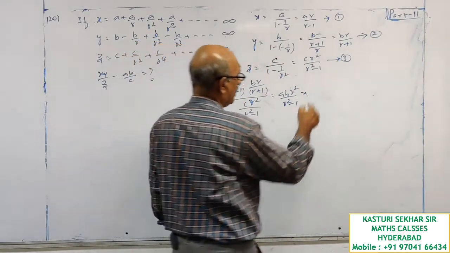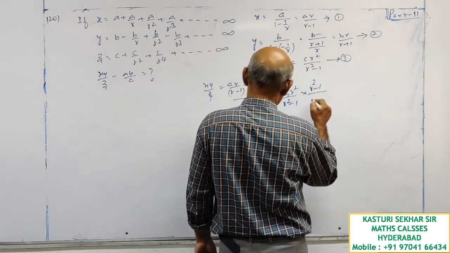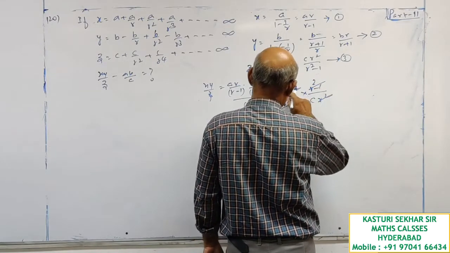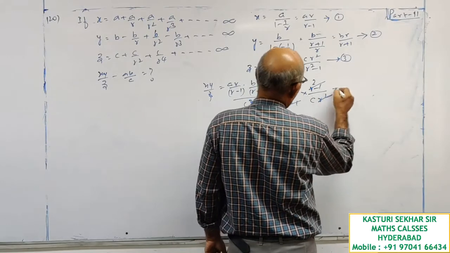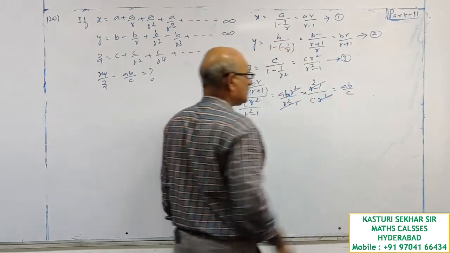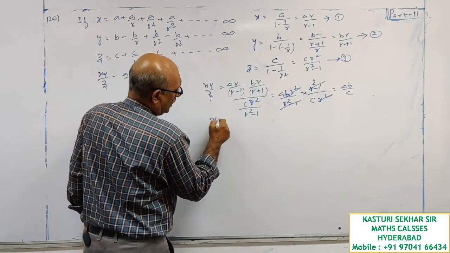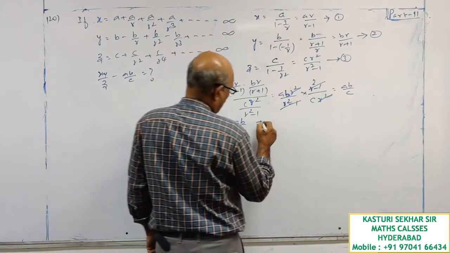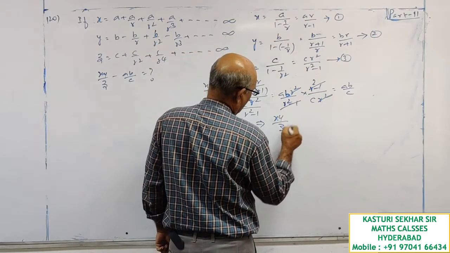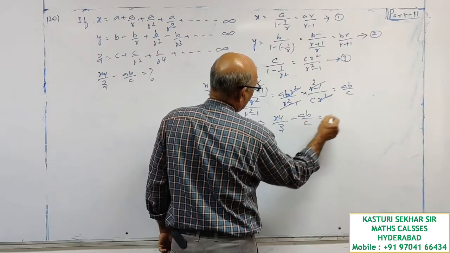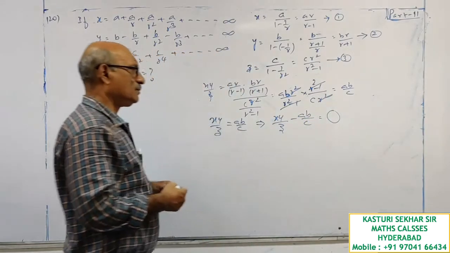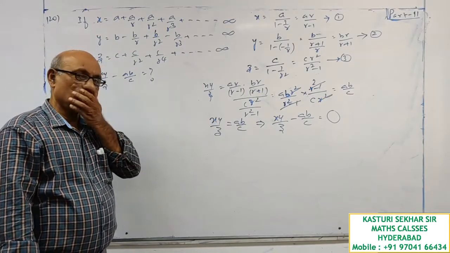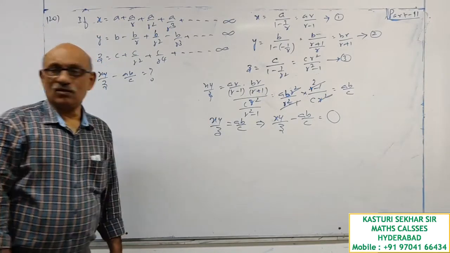This r square minus 1 will go to the numerator, so this is ab by c. Xy by z is equal to ab by c, implies xy by z minus ab by c equal to 0. Zero is the answer to the given question.